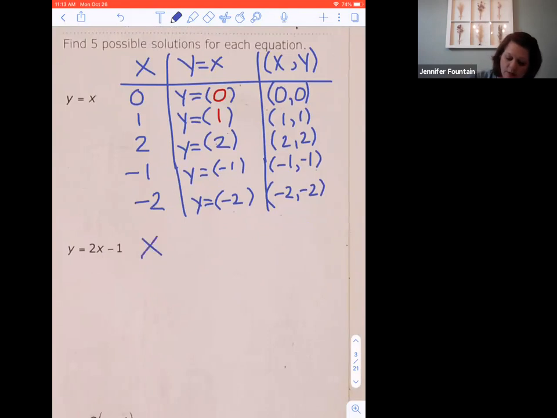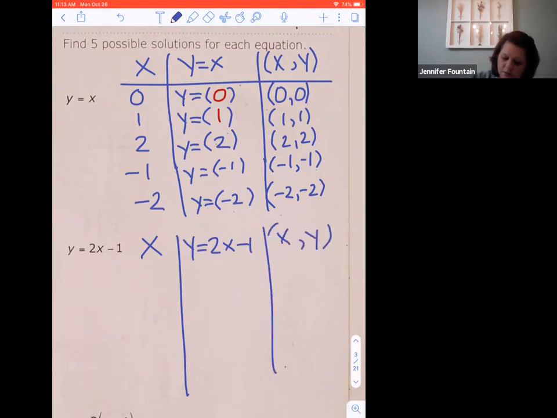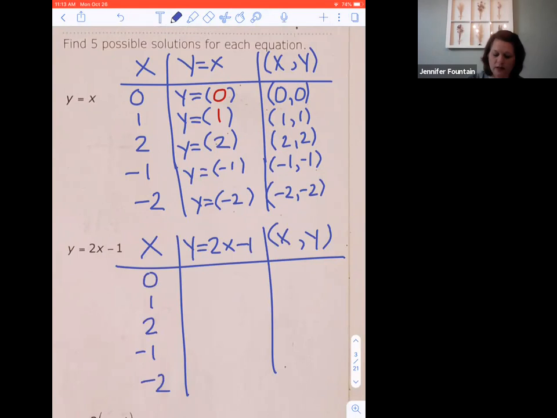So I'm going to set up x, y, y equals 2x minus 1. Then I'm going to do x and y. I know my values I'm using are going to be 0, 1, 2, -1, -2.